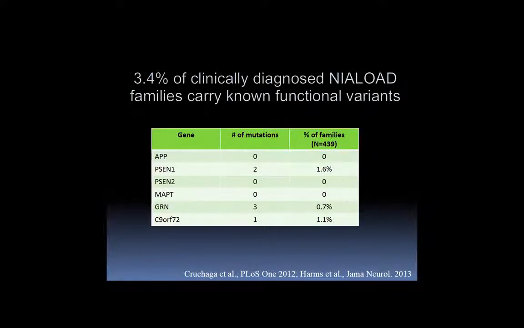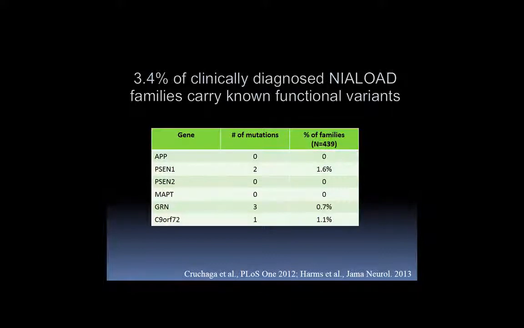There are numerically many more families with mutations, at least in Presenilin 1, with late onset Alzheimer's disease than there are with early onset Alzheimer's disease, because early onset is so rare, right? So 2% of these big families with late onset Alzheimer's disease have a Presenilin 1 mutation.